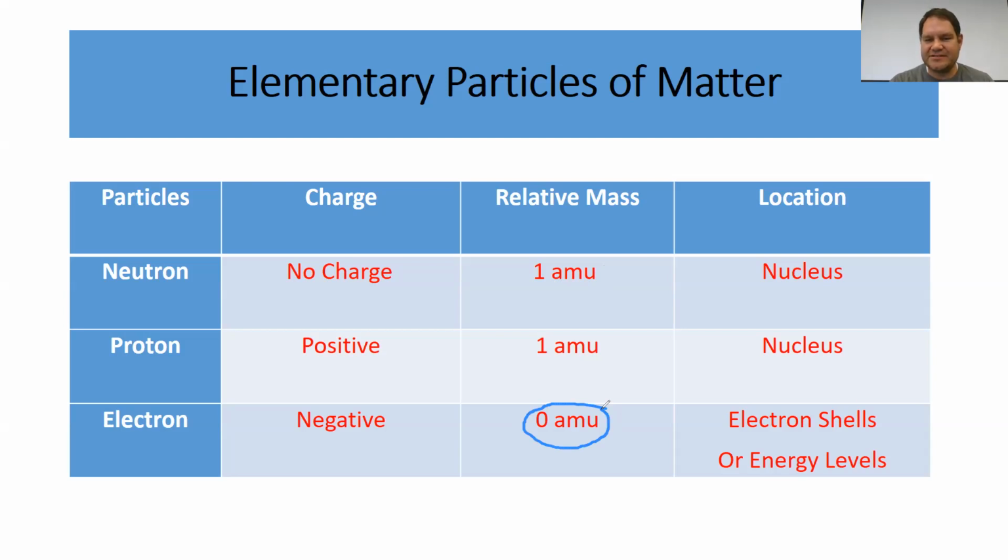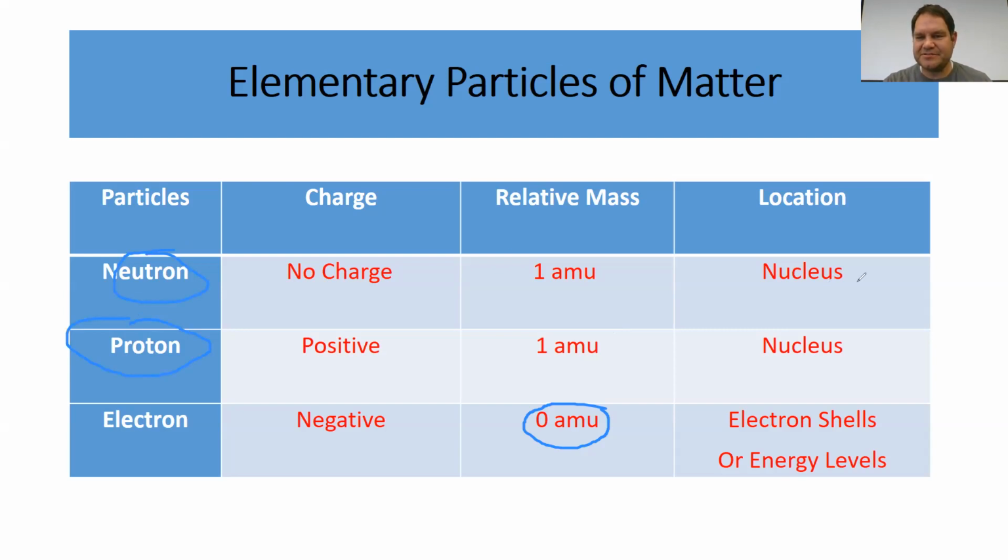What this indicates is that the electron really does not contribute to the mass of the atom. The main contributors to the mass of the atom are the proton and the neutron, okay? So when we think of what creates mass for the atom, we're thinking in terms of the number of protons and the number of neutrons in the nucleus of the atom, not the number of electrons.